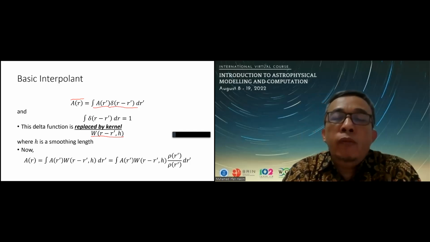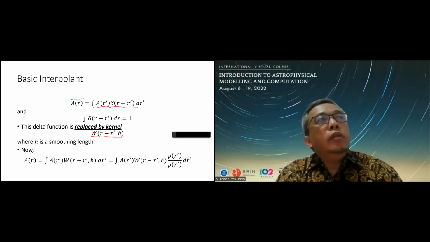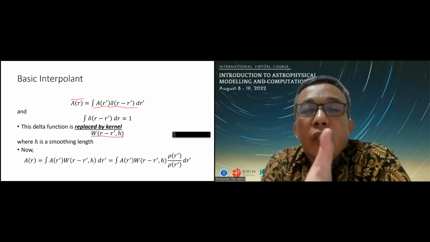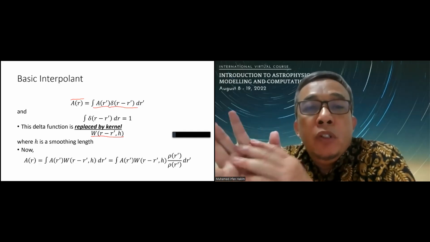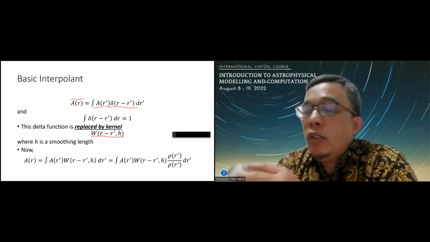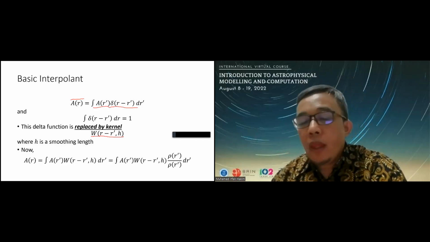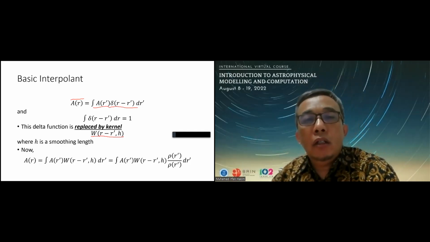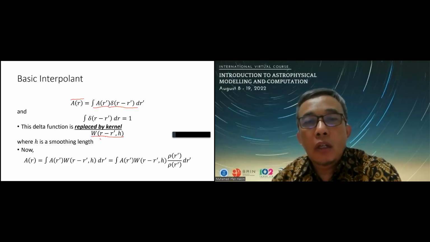As we mentioned before, there are many properties for this kernel: a particle of interest, contributing particles, and a smoothing length.